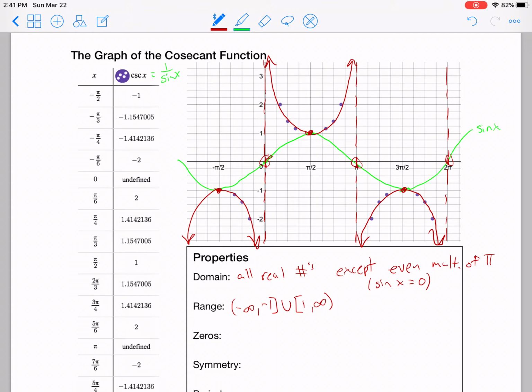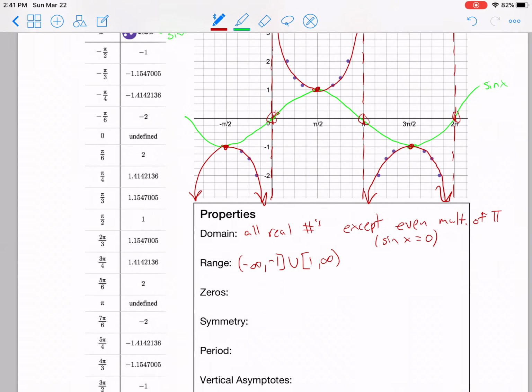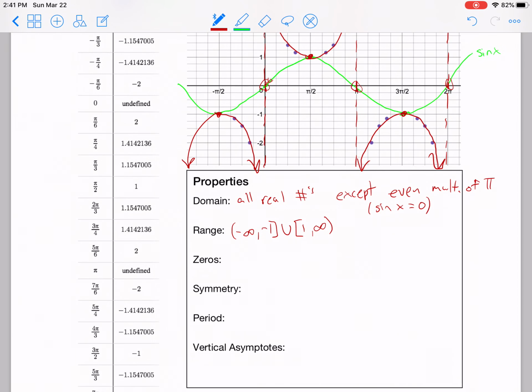Our zeros are occurring at even multiples of pi. So at even multiples of pi. That's at 0, pi, 2 pi. Our symmetry here is odd, all right, about the origin.